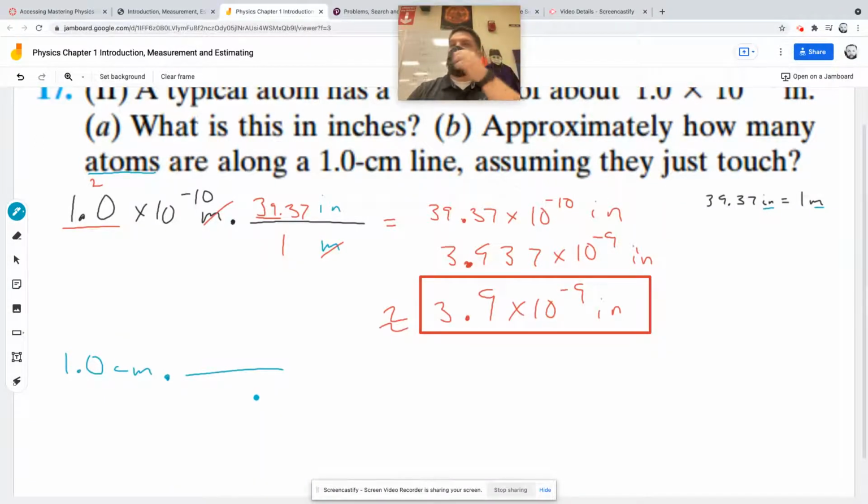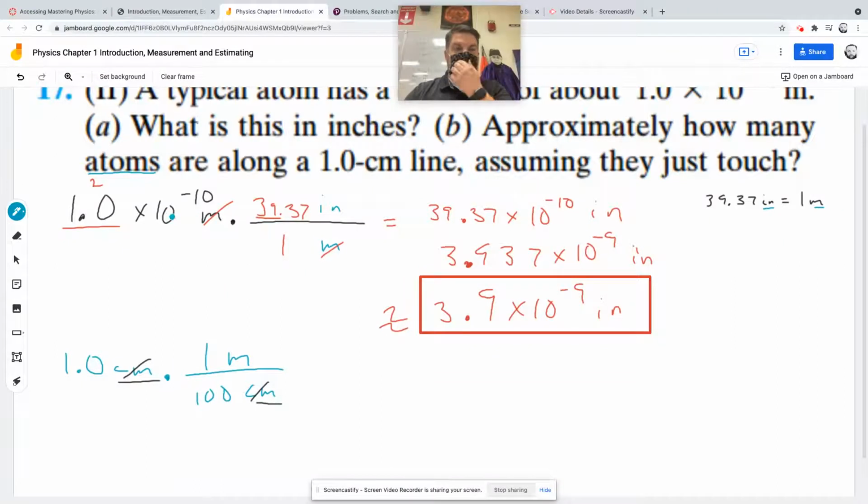Yeah, but we're not converting to meters. There's a better answer. We want centimeters on the bottom because what we're going to end up doing is we're going to cancel them. Okay? So we always want centimeters on the bottom because you're trying to cancel that with this. You got centimeters here, so you want centimeters here so you can cancel them. So there's 100 centimeters, and they're equal to 1 meter.